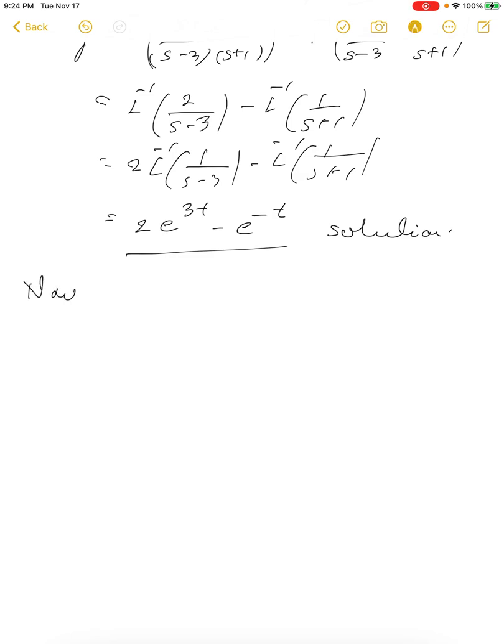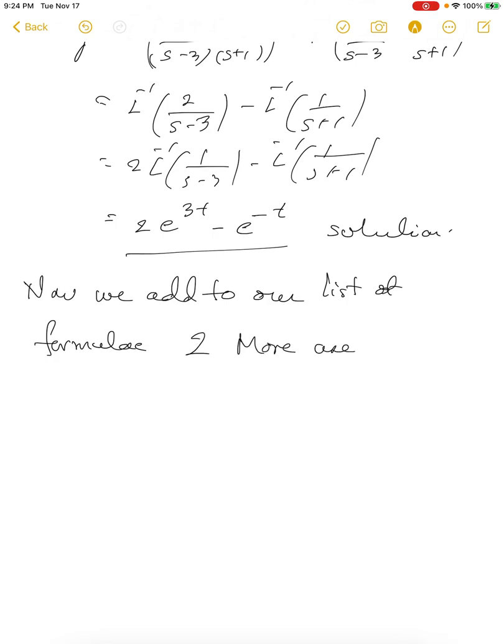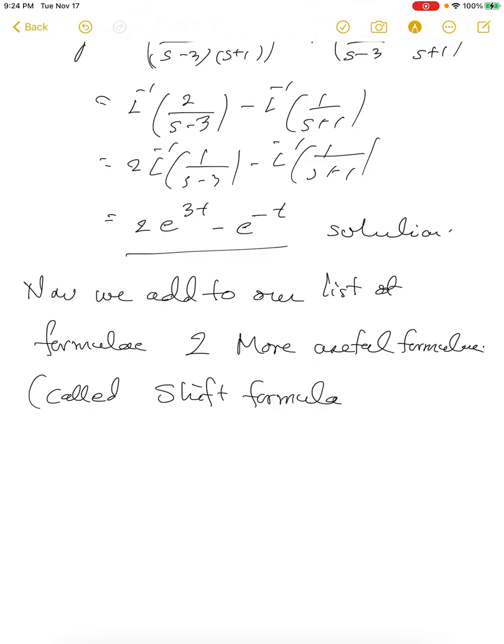We add to our arsenal, to our list of rules or formulae, two more useful formulae called shift formulae: shift formula 1 and shift formula 2 for the next lecture.